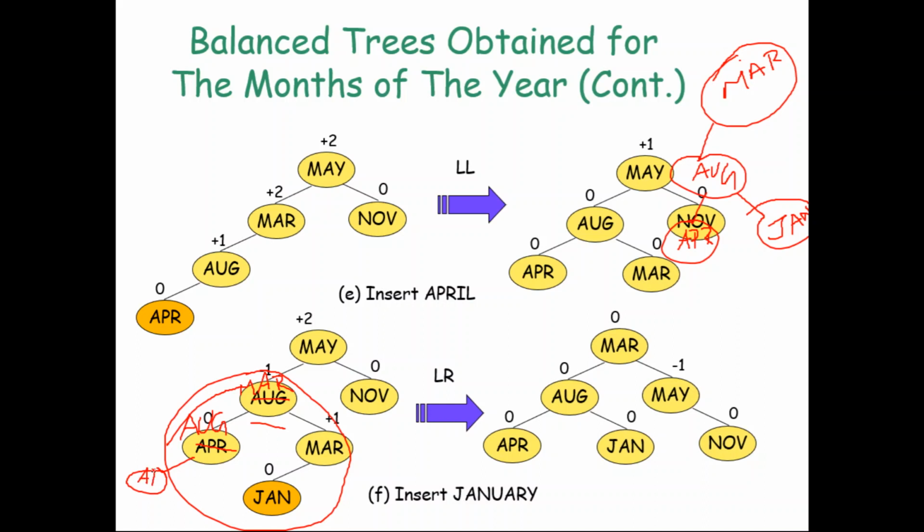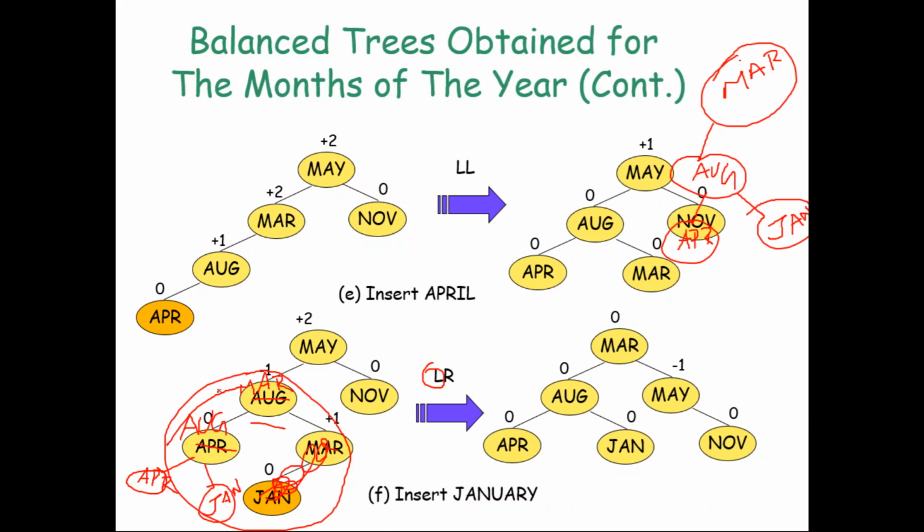The right child of August is Jan. March has gone to the top, and nothing is here because Jan has moved here. So this is what happens when you perform the left rotation.